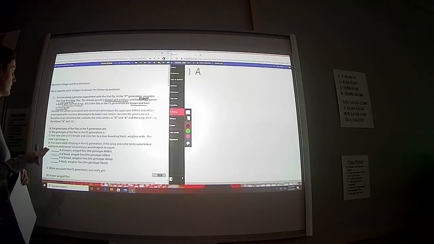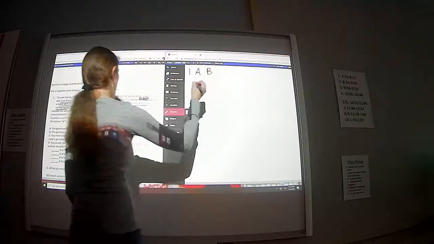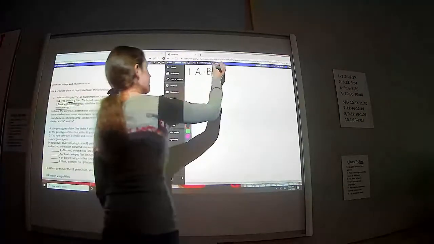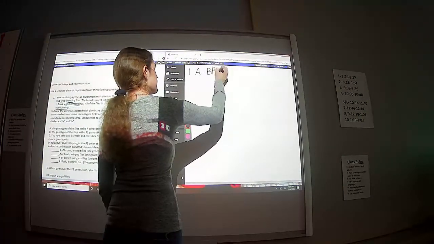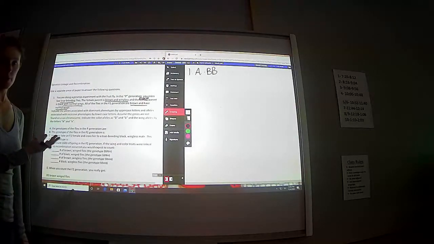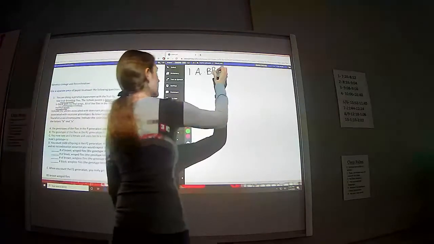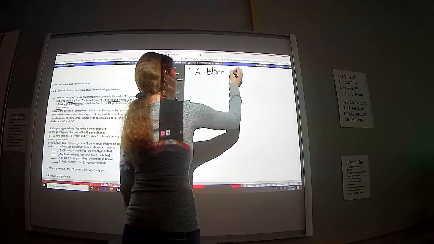So if I have a brown parent, then that would be the capital B. And we know they're true breeding, so that's why I have two capital B's, because they have to be homozygous. And they're wingless, which is going to be our recessive trait.